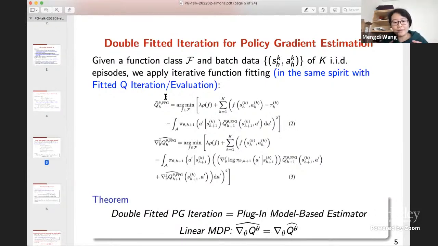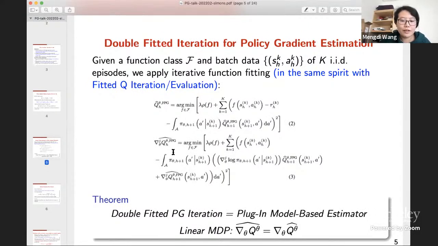So Q hat and gradient Q hat are actually all model-based estimators. They're equivalent to estimating the model first, and then plugging in the estimated model transition operator to compute the corresponding policy gradient and corresponding Q.